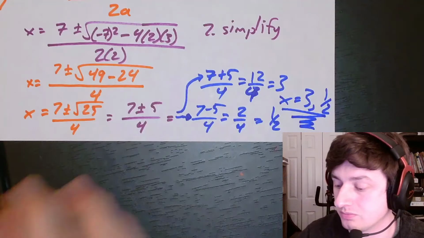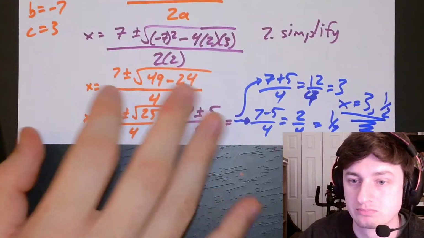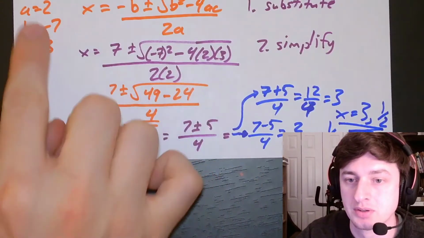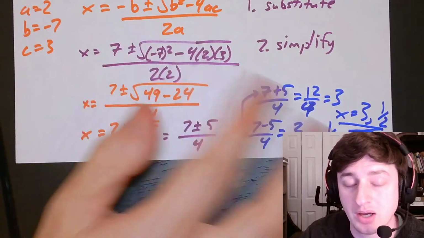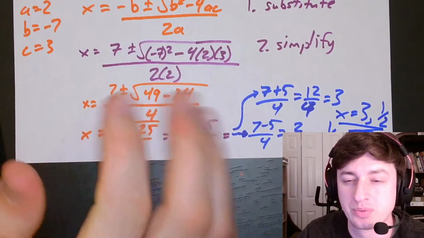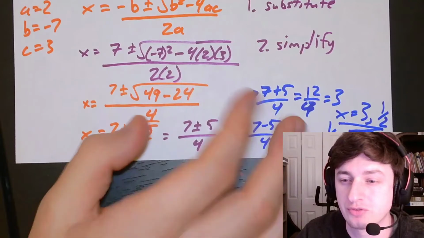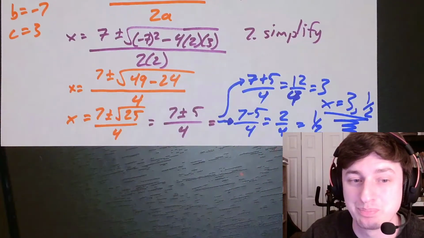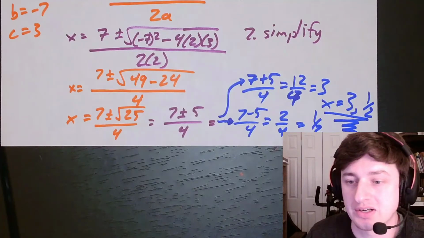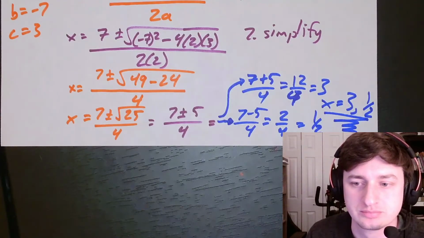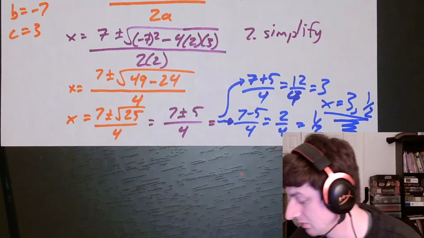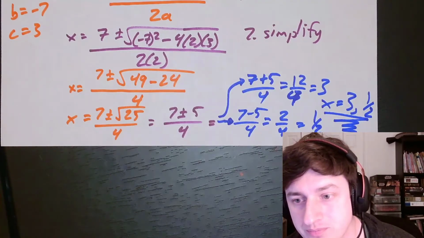You would use A, B, and C here to do the x in the box, and that would probably be faster than the quadratic formula, but the quadratic formula is best when it's not factorable. So in this case, the random numbers I picked betrayed me, but that's okay.